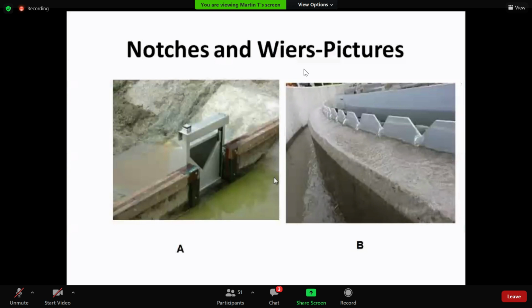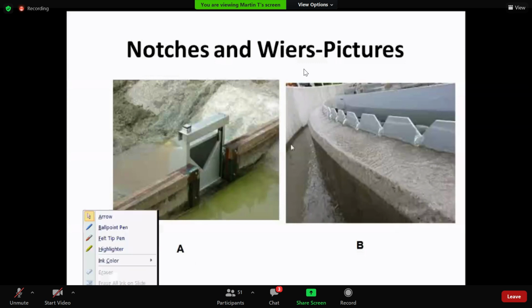Now, on the left-hand side, that's a V notch. Or in this case, since it's on a large scale, because this is on a stream, it's a weir. Okay. So if you look at this, it is a V, but it is closed.